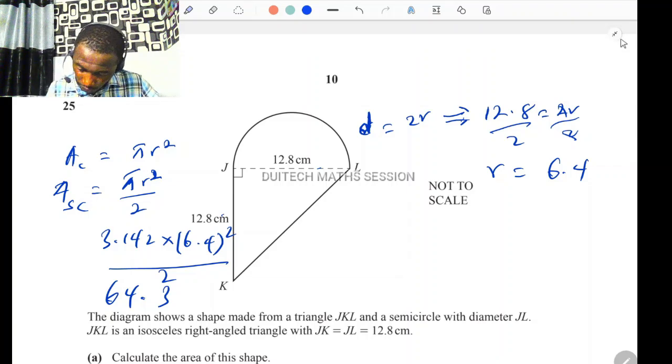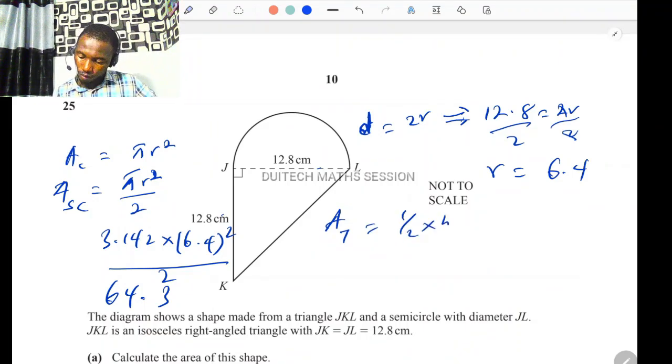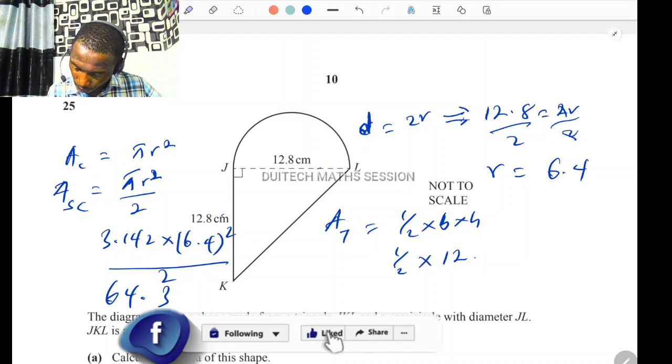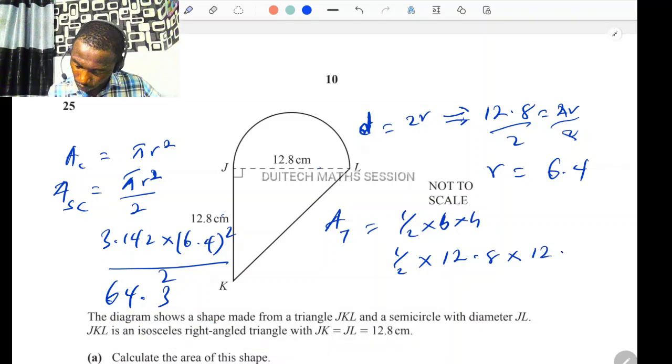Now for the area of a triangle. Area of a triangle is what? Half base times height. So here we have 1/2 times 12.8 times 12.8.